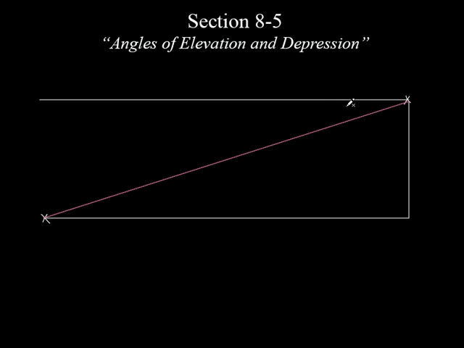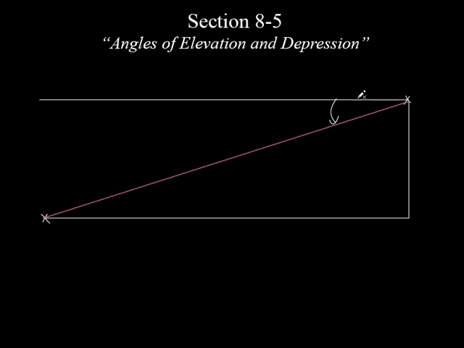Well, the angle is from the horizontal to that line of sight. If I'm standing on top of this hill or building or tree, I take the horizontal and I'm looking down to this line of sight.